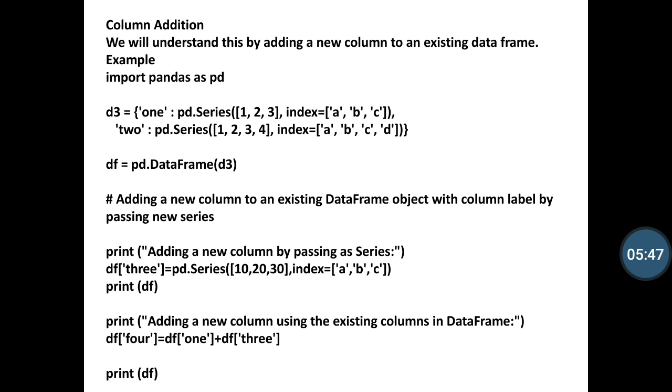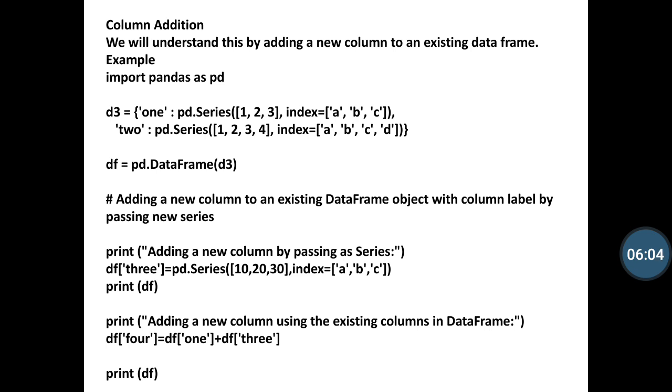And I am giving a comment here: adding a new column to the existing data frame object with a column label by passing a new series. So I am defining a print statement here, adding a new column by passing a series df3.